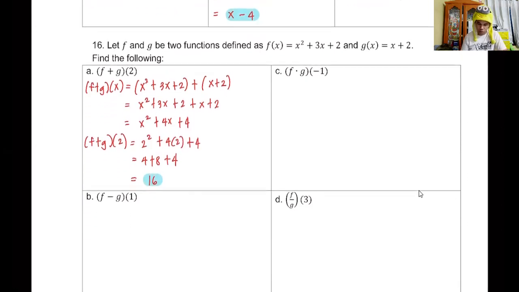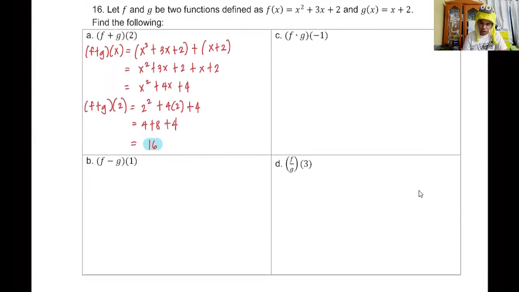Now let's go to letter B. So subtraction is what we have here. So we write f minus g of x is equal to x squared plus 3x plus 2 minus our g, which is x plus 2. Okay. Here, we can safely remove the grouping symbol because the first one is not negative, but when we get to the second, our x plus 2 becomes minus x minus 2.